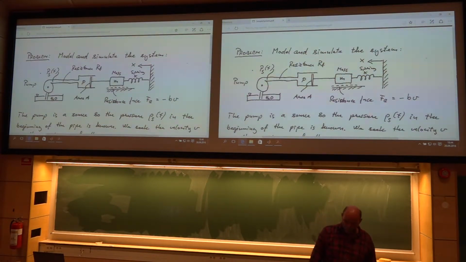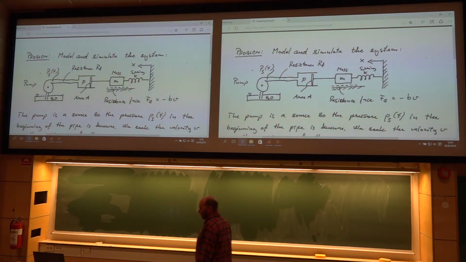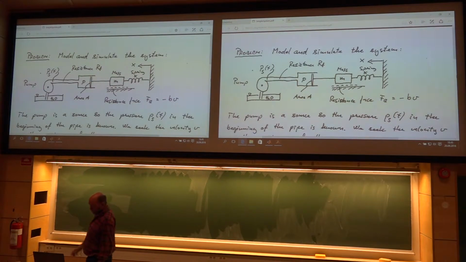So the job here: find the equations of motion that describe this problem. We are given the pump, and we know the pressure initially here, just after the pump. This one is given. Find the motion. So here we have some fluid string, a cylinder here with a piston and area.